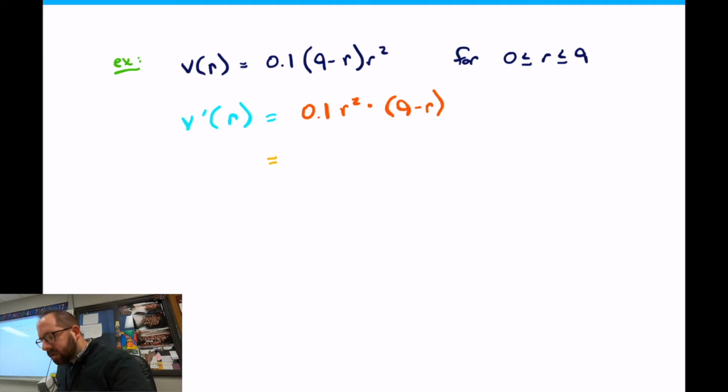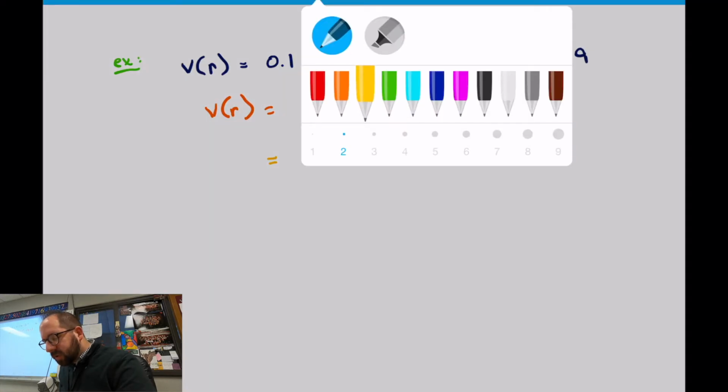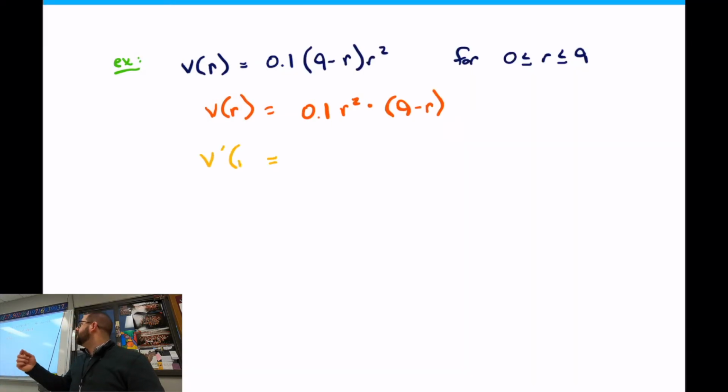All right. Okay, sorry, I'm going to go back. This is the original function, and this is just rearranged. So we do the first derivative here, and the first derivative is a product rule. This is the first item, this is the second item, and there is a multiplication between them. The first derivative of that r squared, I drop the 2 out front. So 2 times 0.1 is 0.2r, and I subtract 1 off the power.